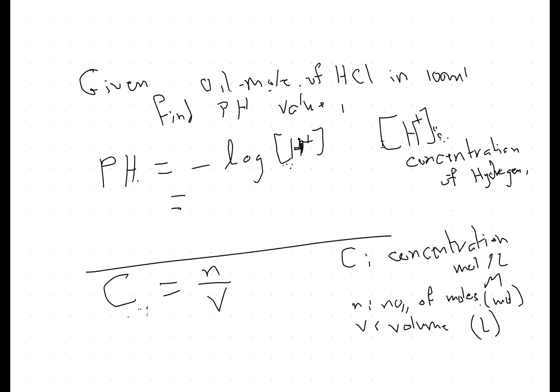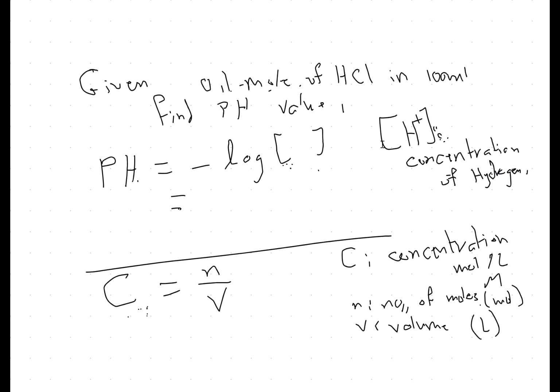Okay, so to find the concentration, we have concentration equals number of moles over volume. And here, what value do I have to substitute? It should be the concentration. To find the pH, to know if it's acid or base, I need to substitute the concentration.